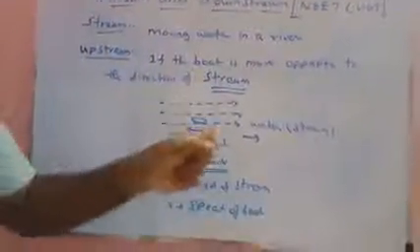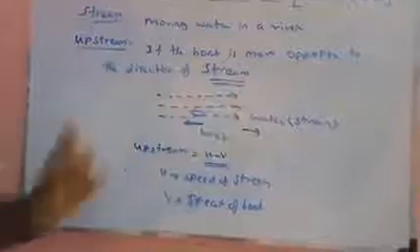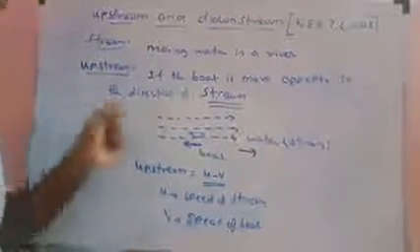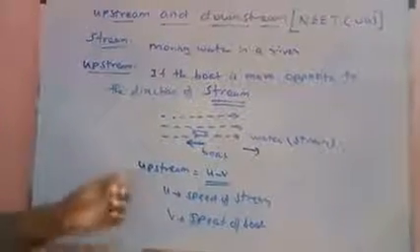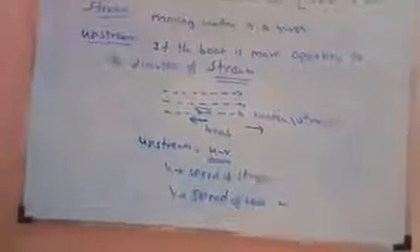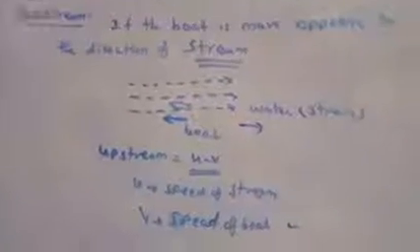If the boat moves opposite to the direction of the stream, that is upstream. An example is given. Suppose the upstream value is given, then we can find u or v also by using this formula. That is the upstream formula.